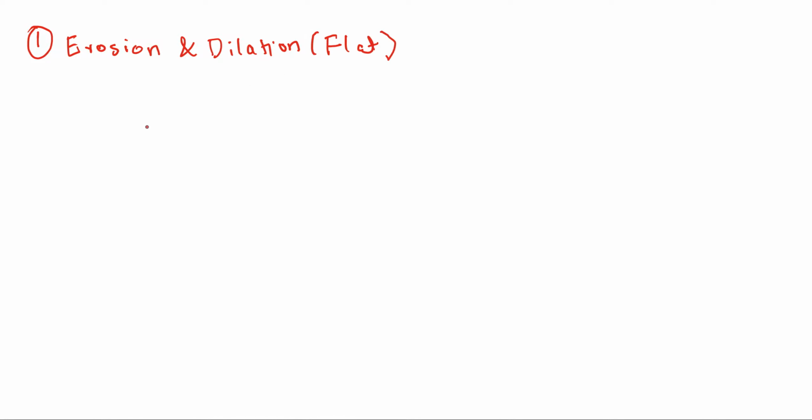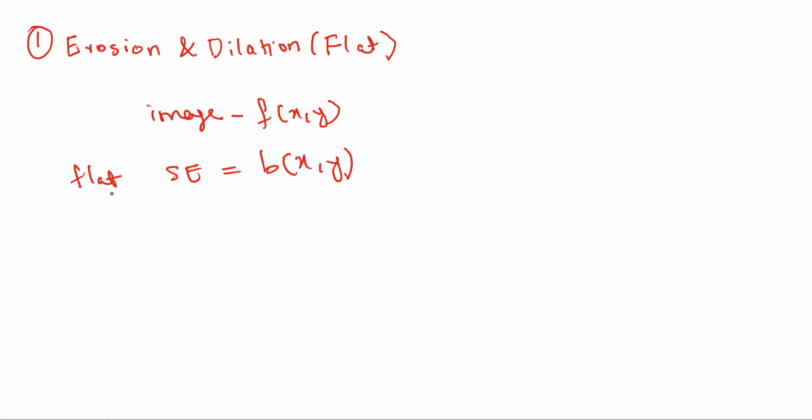If you have an image f of x y, and a flat structuring element which I'm calling b of x y, then the operations of erosion and dilation are defined as follows. You have to remember that this is a flat structuring element.